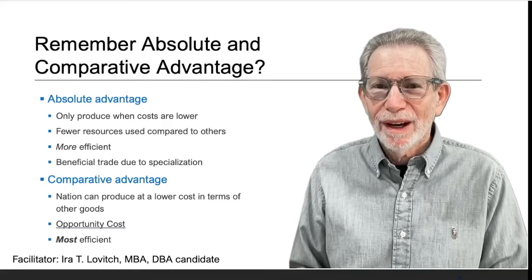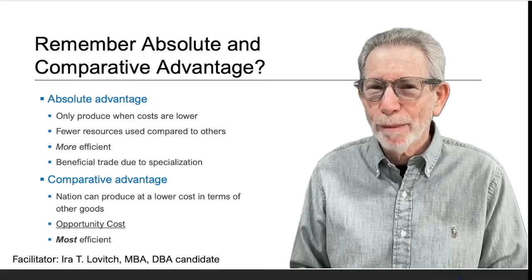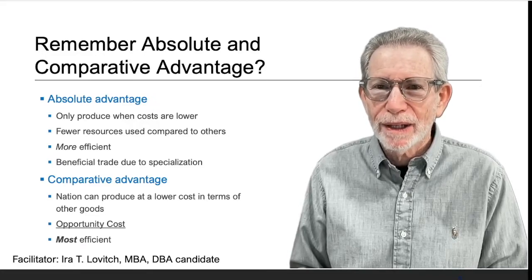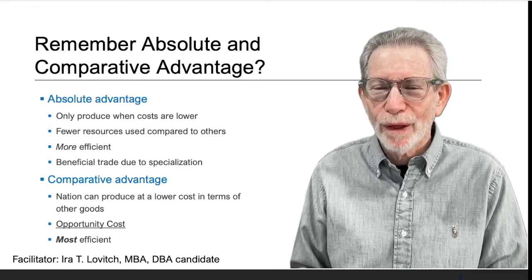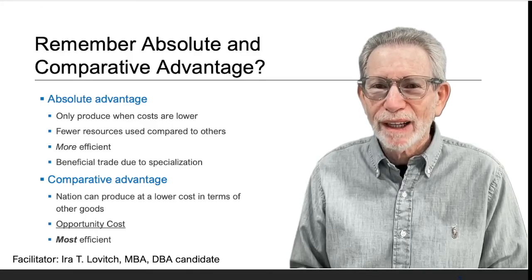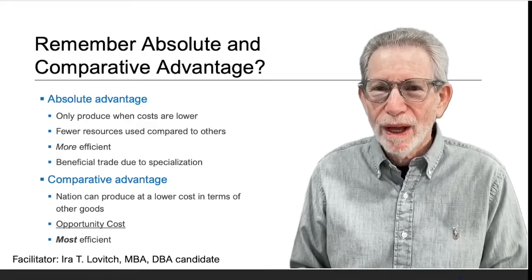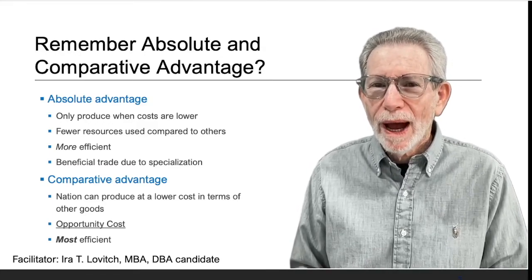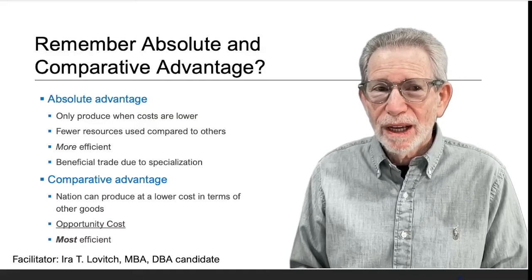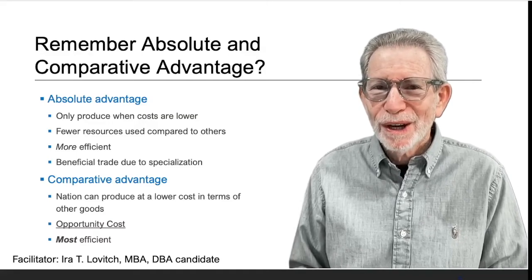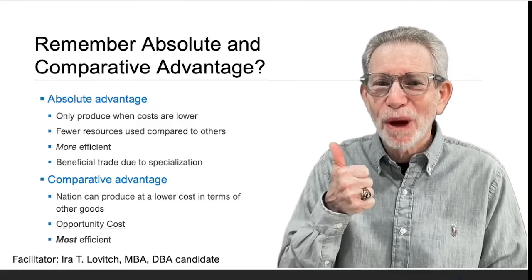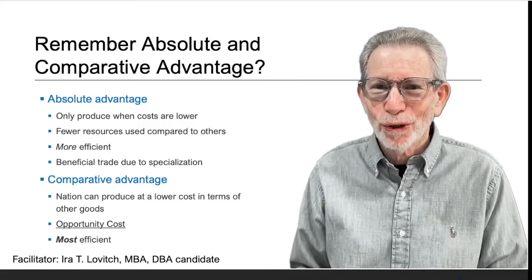Even if a nation or a company has an absolute advantage in one commodity or one area or another, they still need to select the best alternative, even if they have several. In other words, although absolute advantage is more efficient, comparative advantage is the most efficient solution.